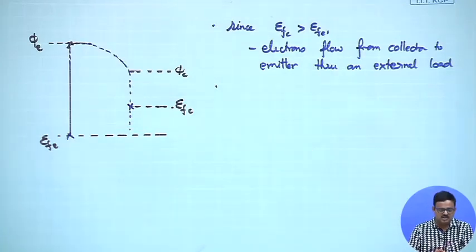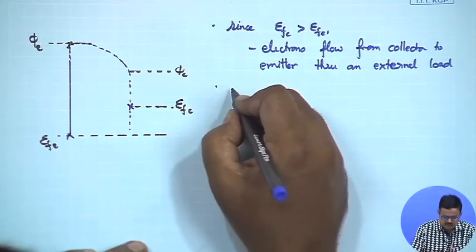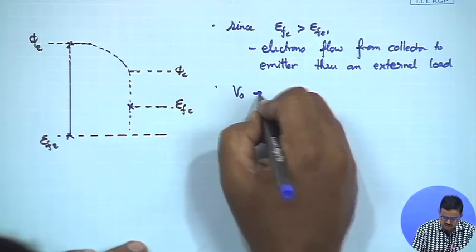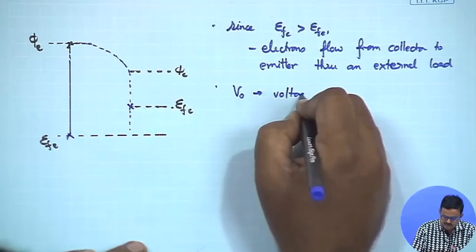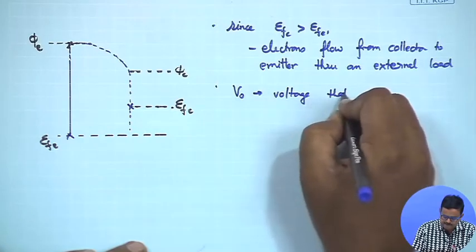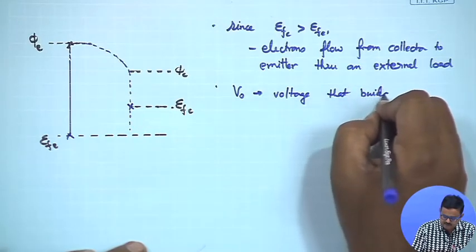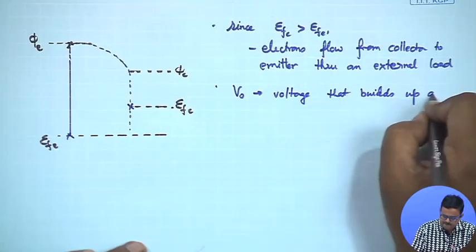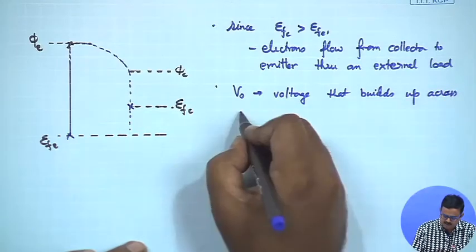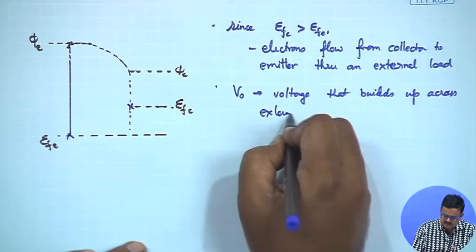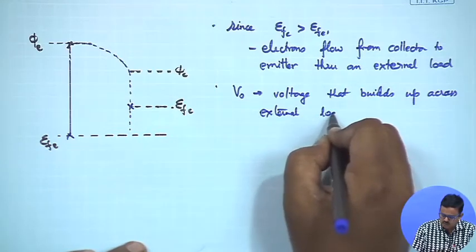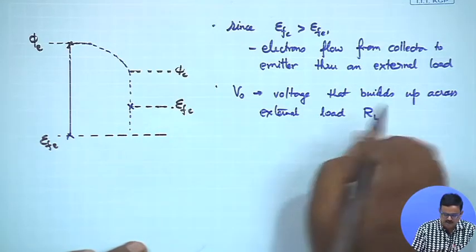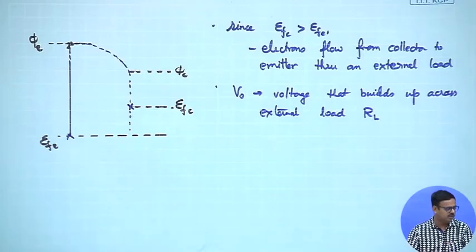Let us call that V naught, the voltage that builds up across the external load RL.